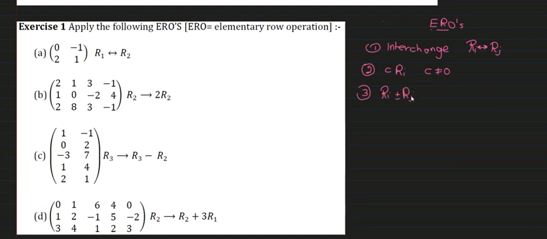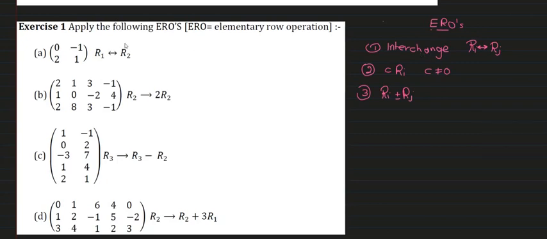This means that we cannot multiply two rows, and we cannot divide two rows. We can only add or subtract two different rows. We can only multiply a row by a non-zero constant. And finally, we can interchange any two rows, exchanging their positions.